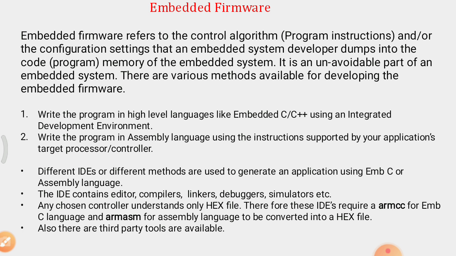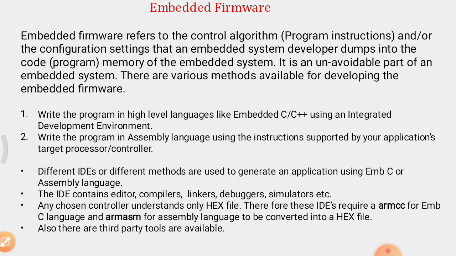Any chosen microcontroller understands only a hex file. A hex file is a binary file which is understood by any of the controllers. Therefore these IDEs require ARMCC for embedded C language and ARM ASM for assembly language to be converted into a hex file.